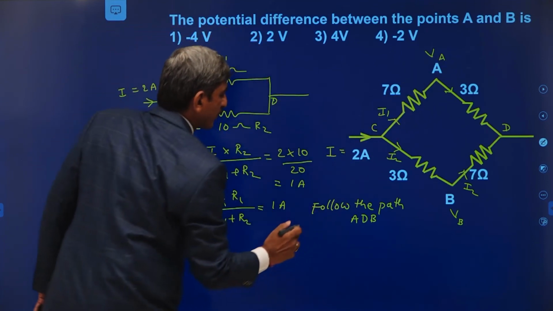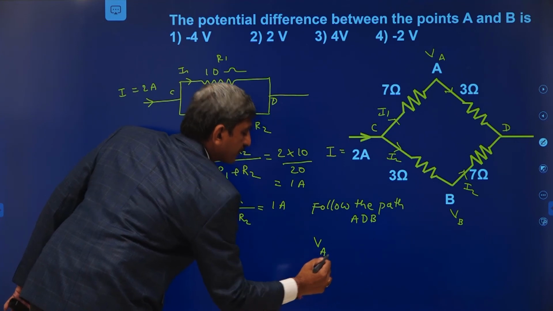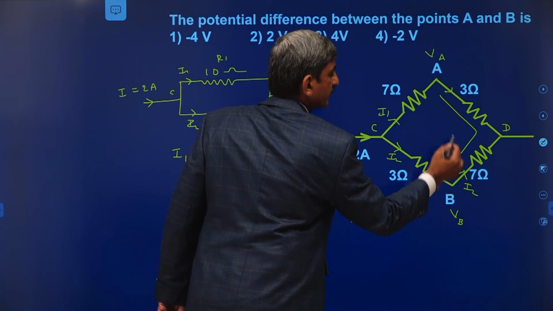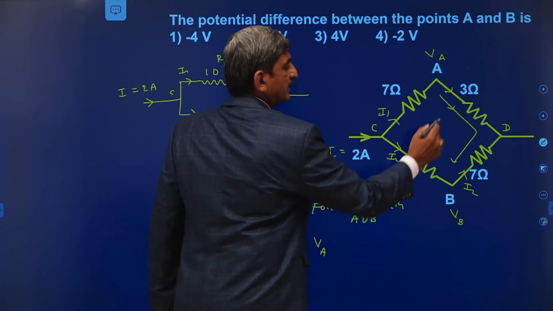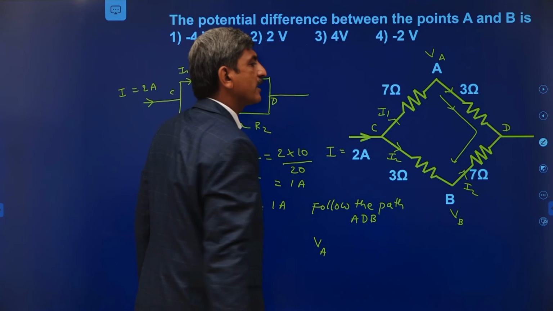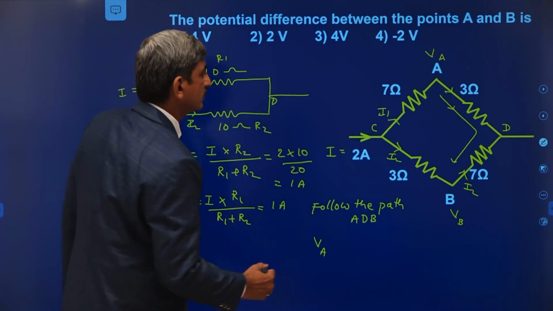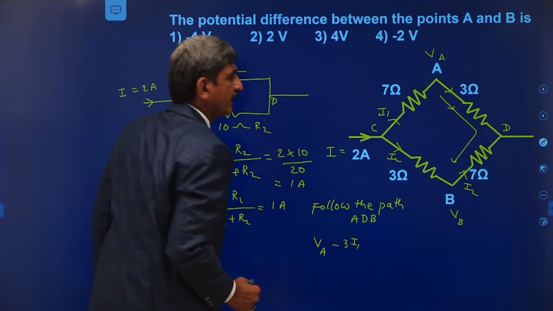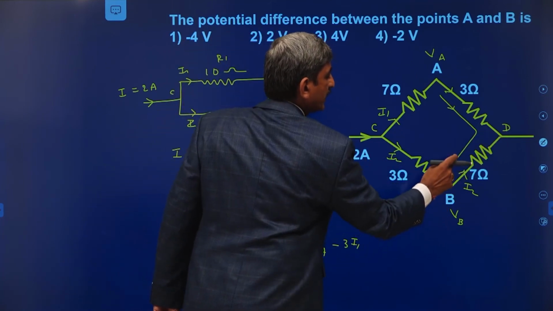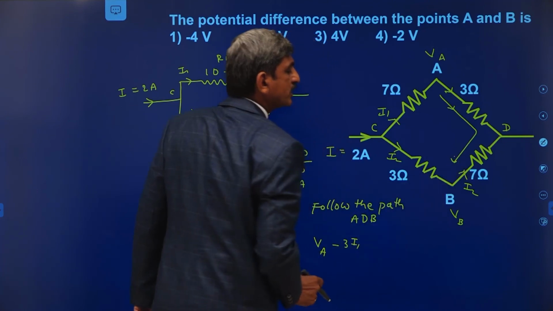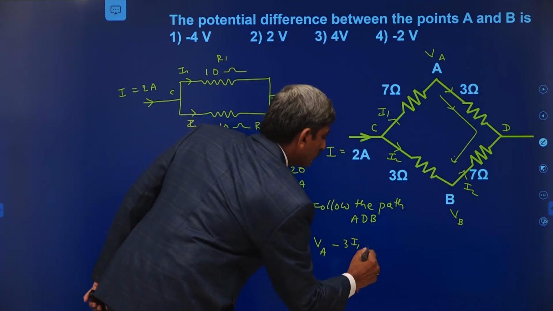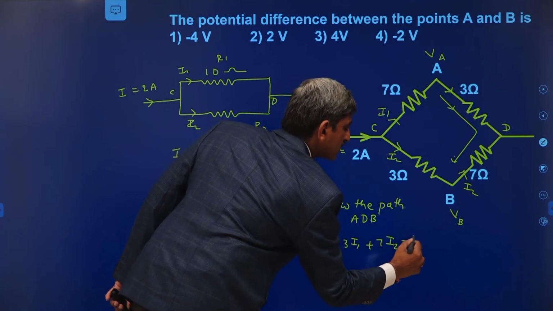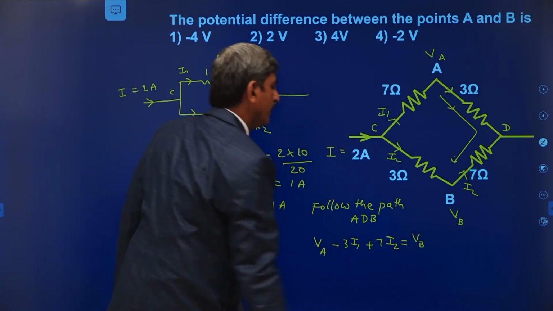The potential at the first point or the initial point is Va. Next, when we are moving along the path from A to D, the direction of the path and the direction of the current are in the same direction, so IR is negative, minus I1 into 3, minus 3 I1. Next, when we are moving from D to B, the direction of the path and the current are in the opposite direction, so IR is positive, plus 7 I2, is equal to the potential at the final point, that is Vb.